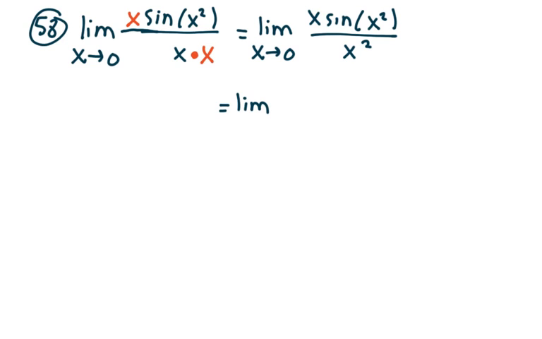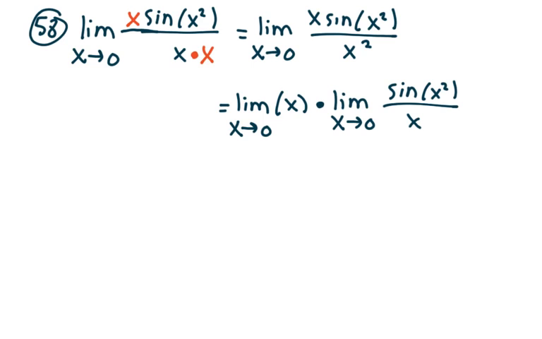So this is the limit as x goes to 0 of x times the limit as x goes to 0 of sine of x squared divided by x squared. The limit exists, so I can break it up accordingly.